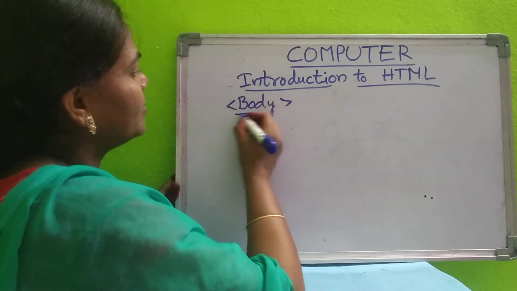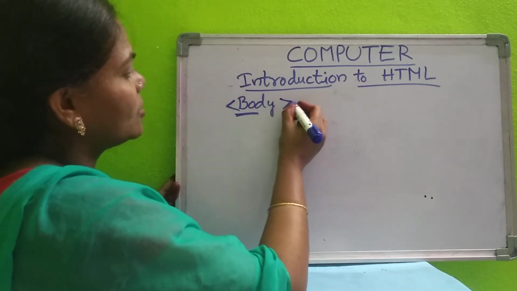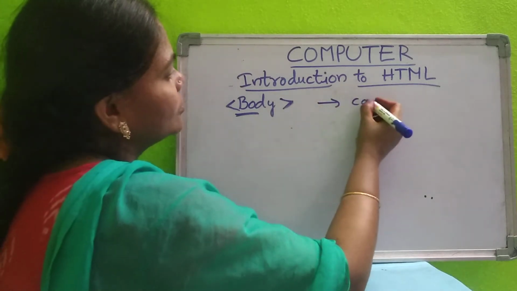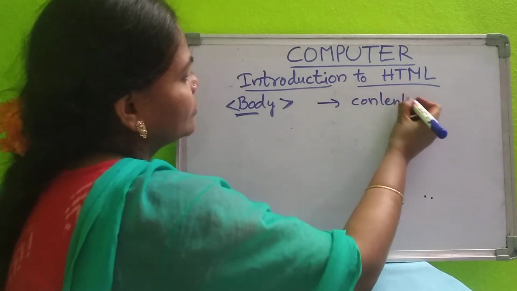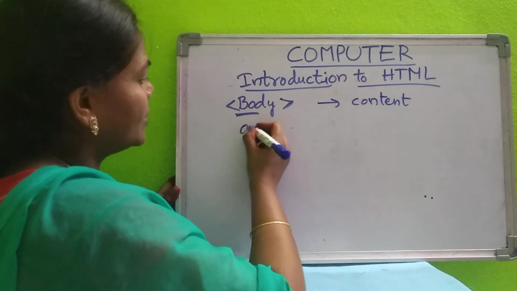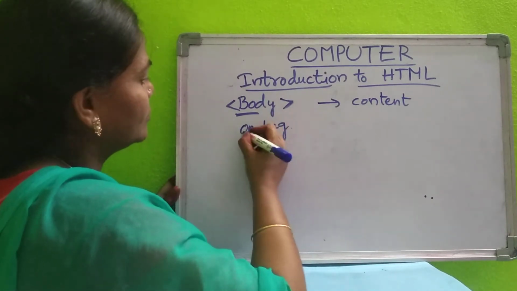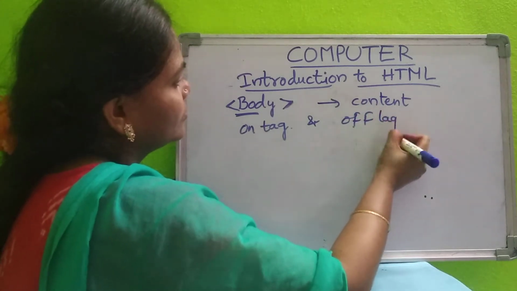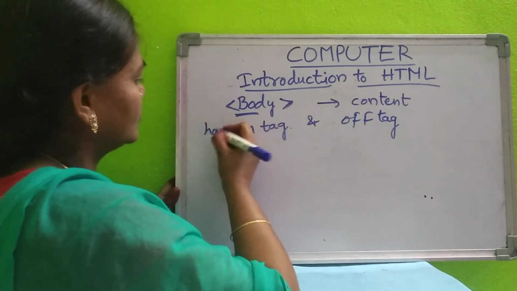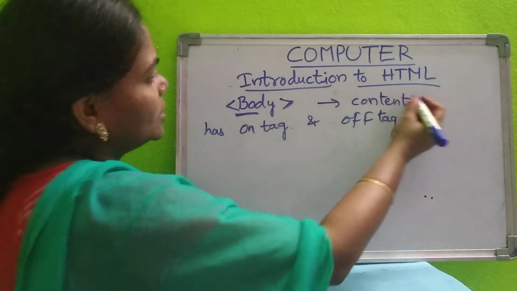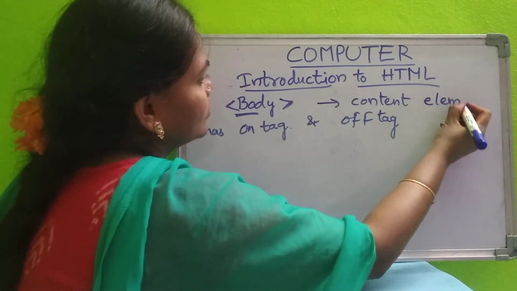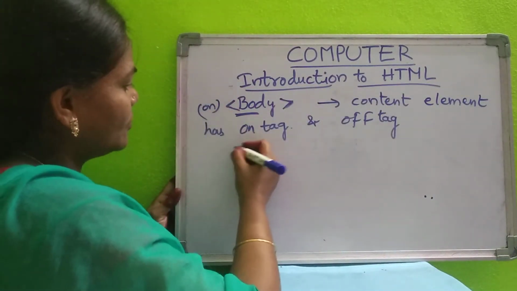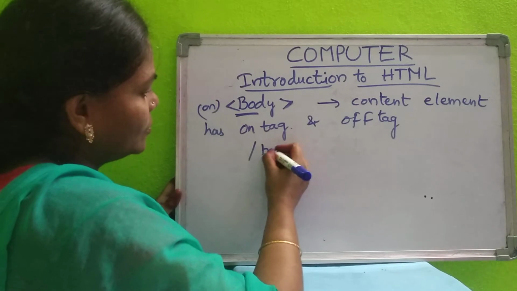This should be kept in angular brackets. These are called angular brackets. It is a content element, that means it has an on tag and an off tag. This is the on tag, and the off tag means slash, bold.